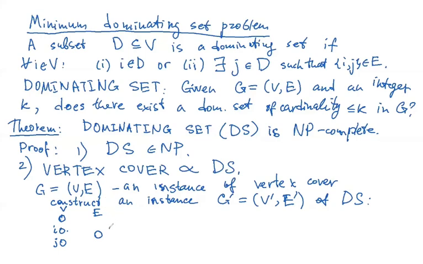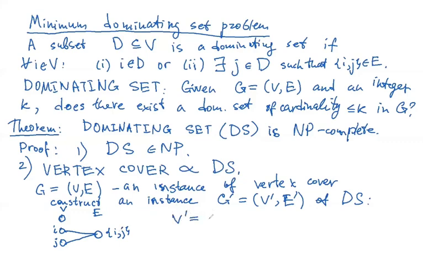So essentially for the vertex ij in this new graph G prime, this vertex in the new graph used to be the edge in our graph G, right? And we connect both vertices i and j to this new super vertex ij that corresponds to the edge in graph G. And essentially, we can think of the vertex cover problem as a dominating set problem in this expanded graph, right?